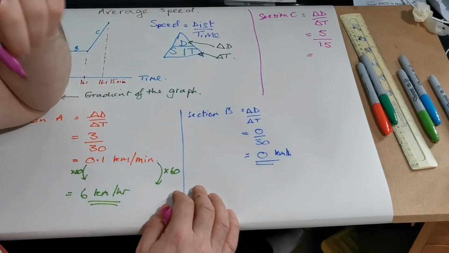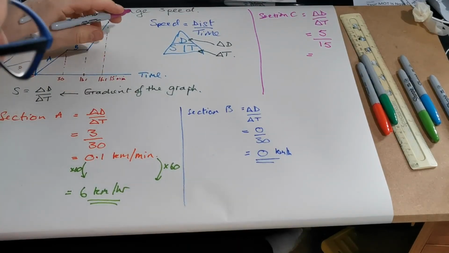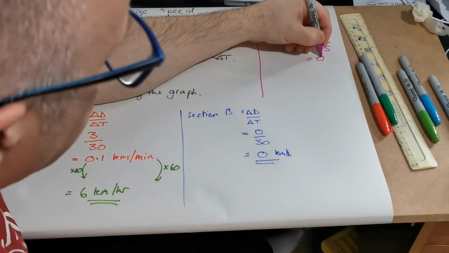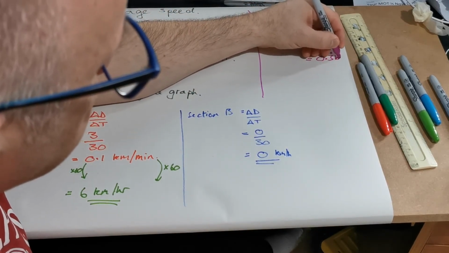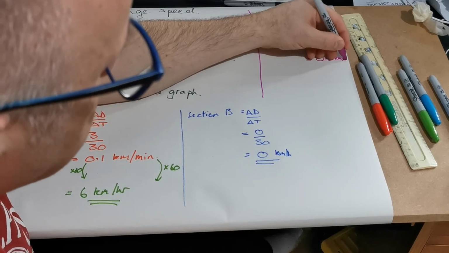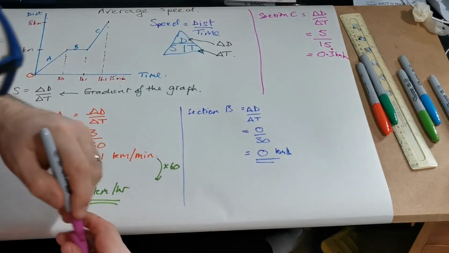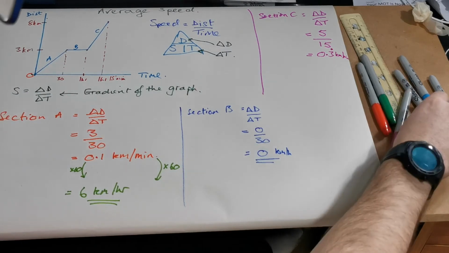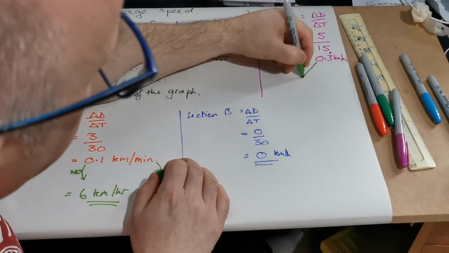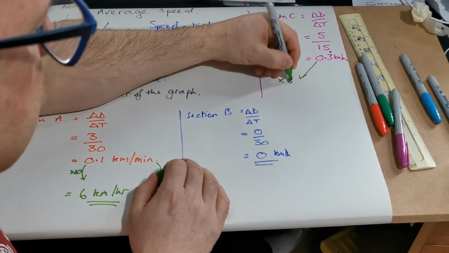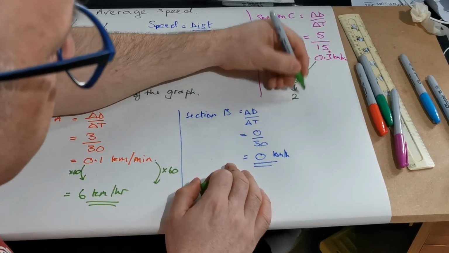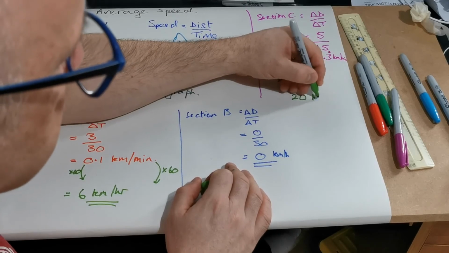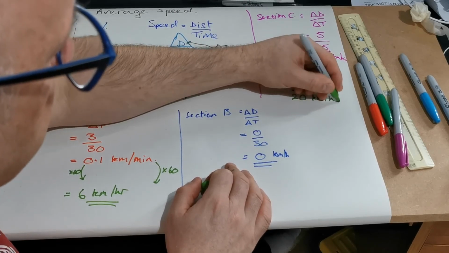So 5 divided by 15 is 0.3 recurring kilometres per minute. And if I want to change that to kilometres per hour, times by 60, for 60 minutes in an hour, so you go 60 times further, that will give me 20 kilometres per hour.